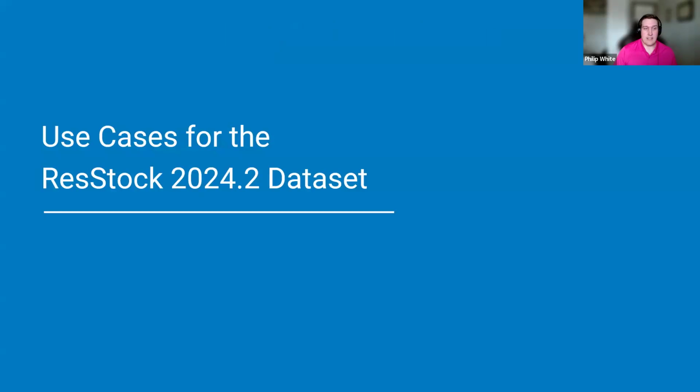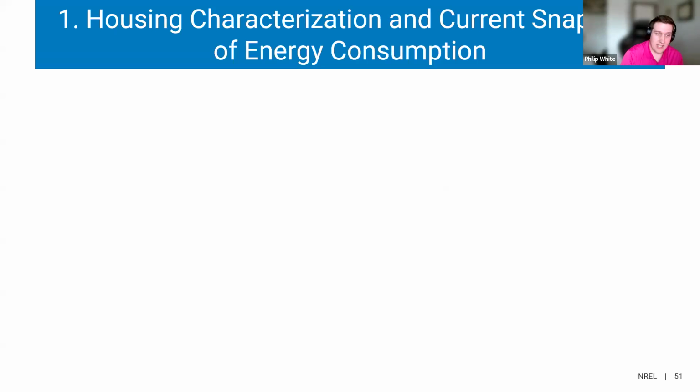So, all right, the data set has been released to the public. So what are some use cases for it? Disclaimer, these are not exhaustive, but be thinking about how some of these potential questions might help your applications of the ResStock dataset. And first, let's talk about answering questions related to housing characterization and seeing a current snapshot of energy consumption.